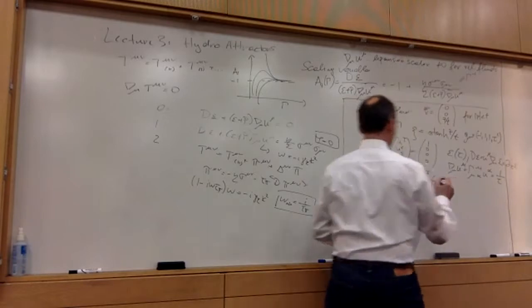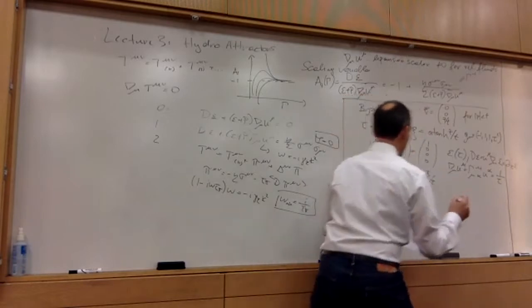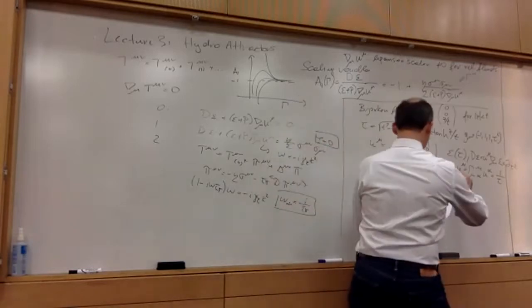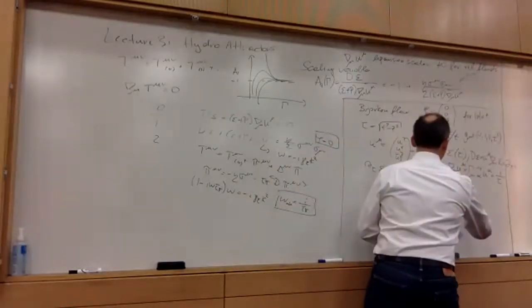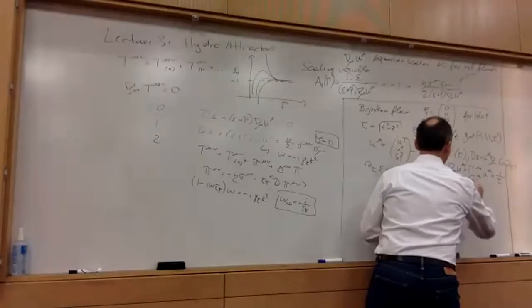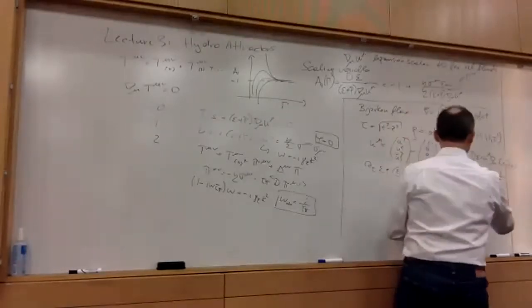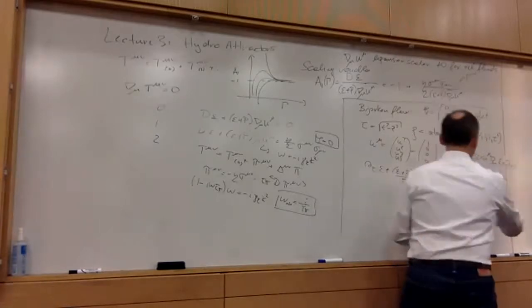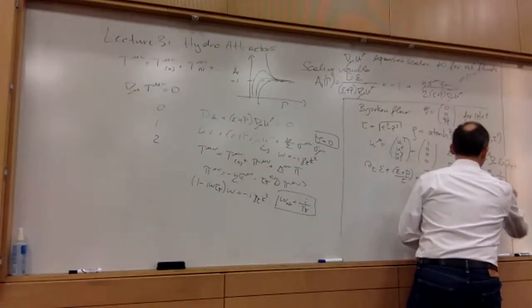Pi over tau, and the second equation will be tau pi, 4/3 theta over tau minus 1.